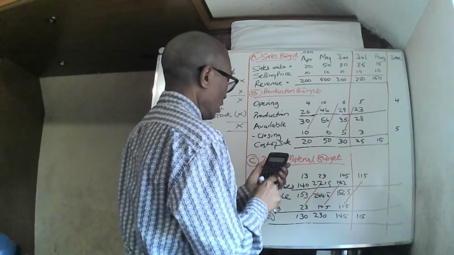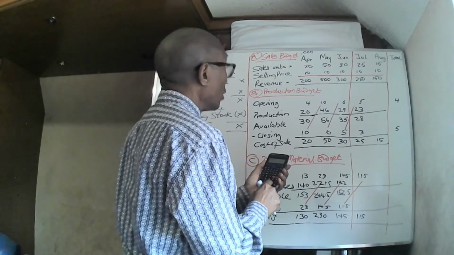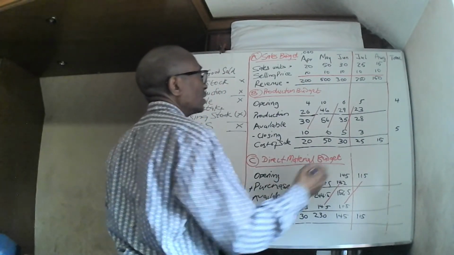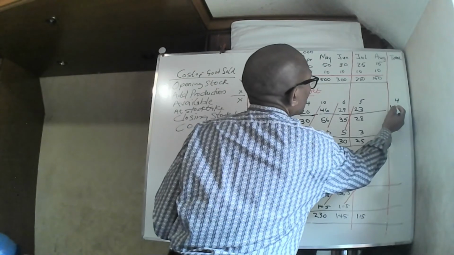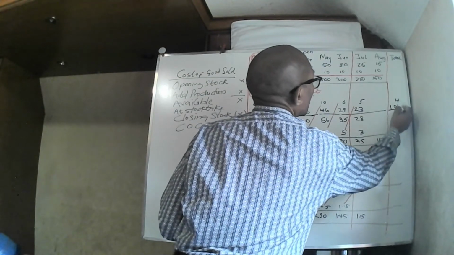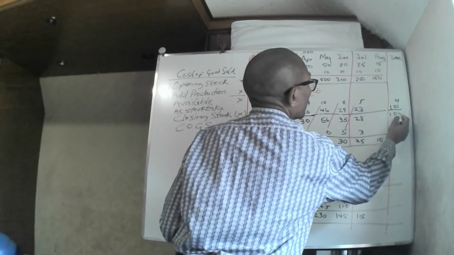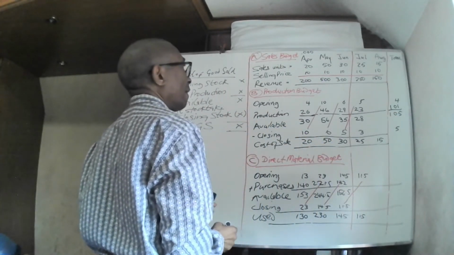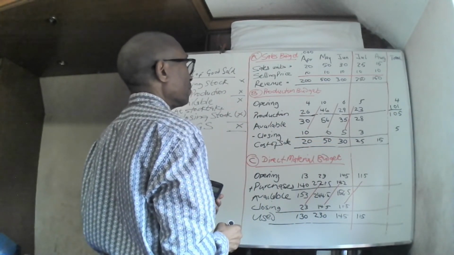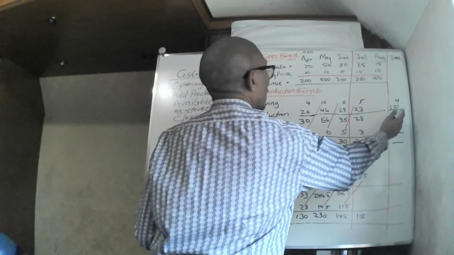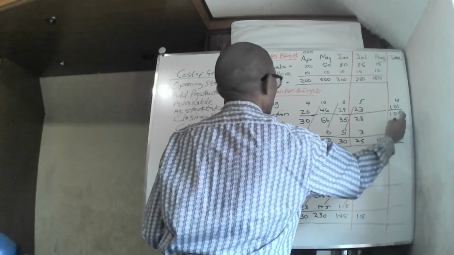Production: 26 plus 46 plus 29 equals 101. Add it to the opening, 105. Okay. So if we deduct, total available is 105.